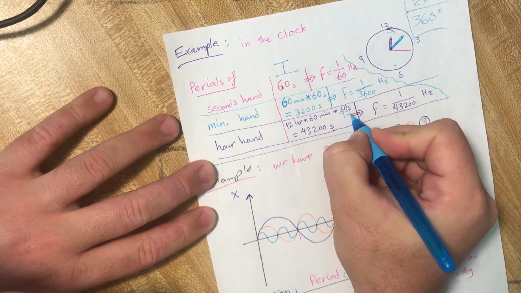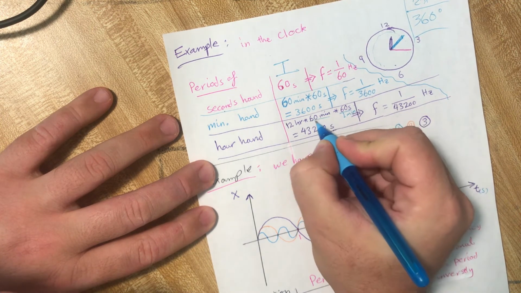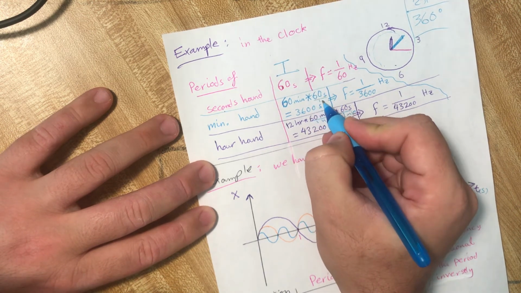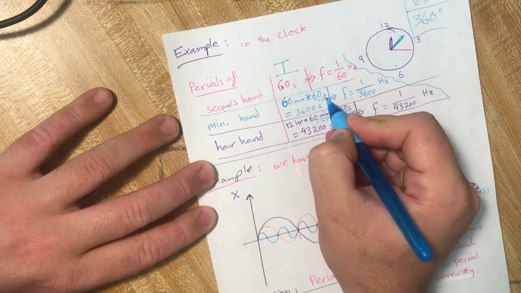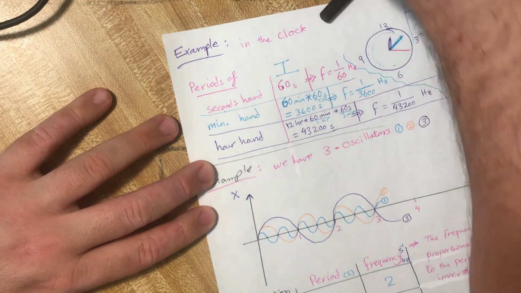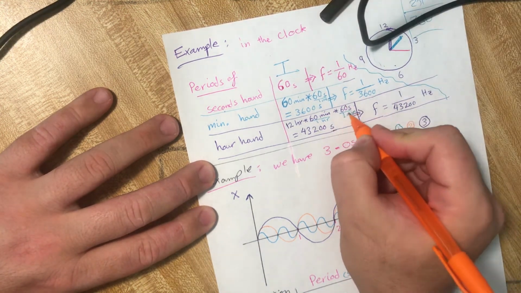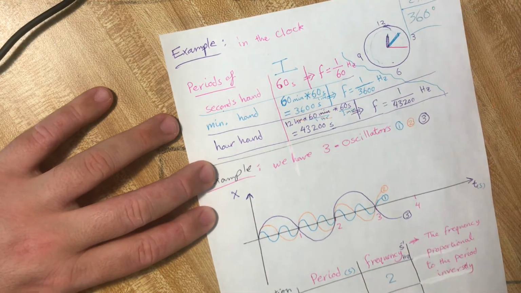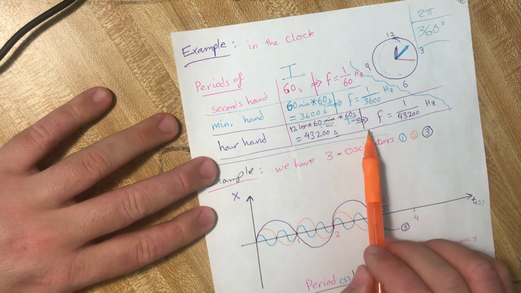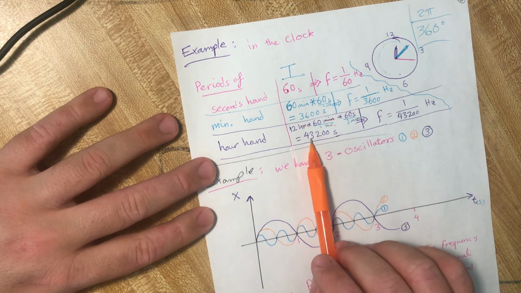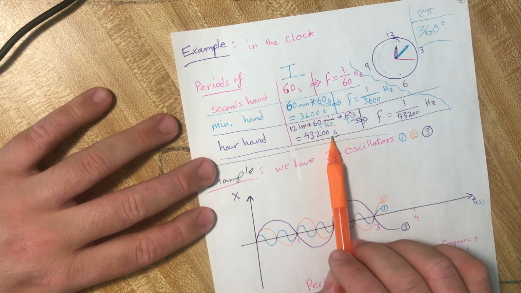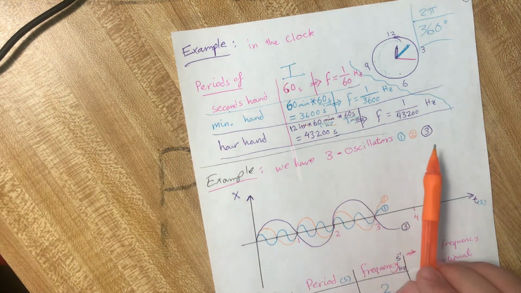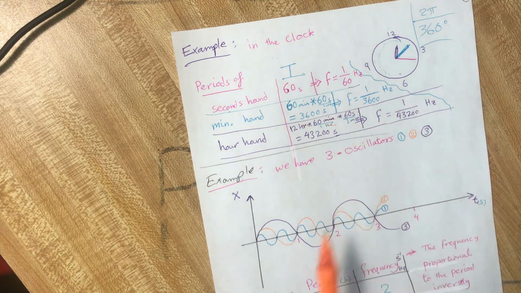This is over 1 minute, this is over 1 hour. Also, this is over 1 minute. In this case, we can cancel the unit of minute with the unit of minute, the unit of hour with the unit of hour. Then, in each 12 hours, we have 43,200 seconds. So the frequency is 1 over that magnitude of time, in units of hertz.